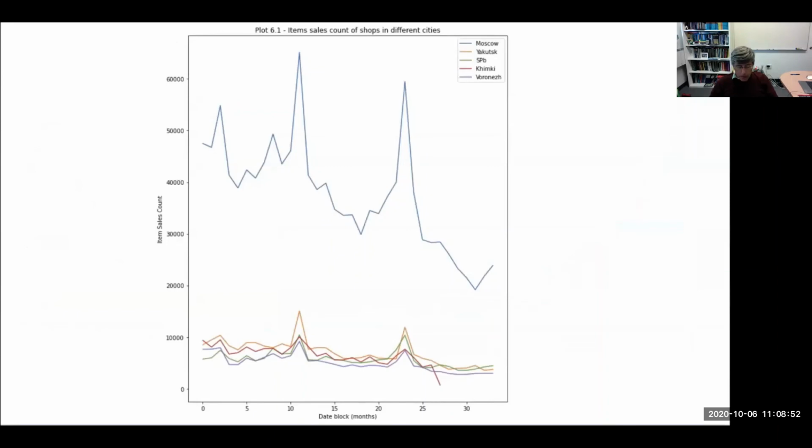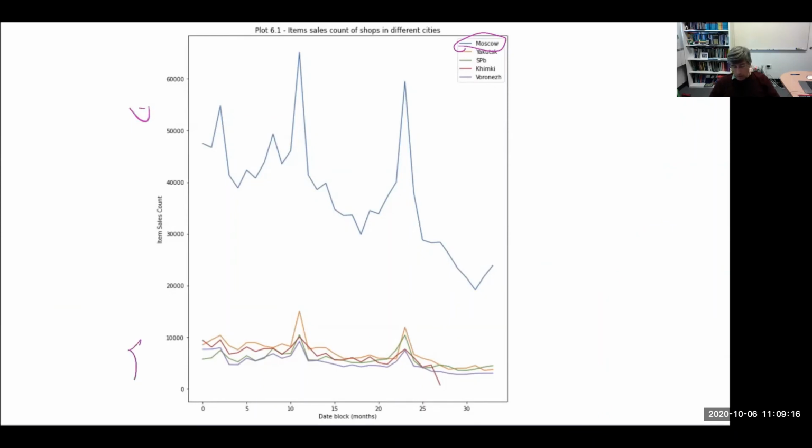Here is a plot. Do people like this one? This one shows a bunch of cities, and it looks like the amount of items sold in each city. Does this tell me a story? This tells me that Moscow is obviously a place that buys a lot more goods than any of these other cities. All these other cities are peanuts.